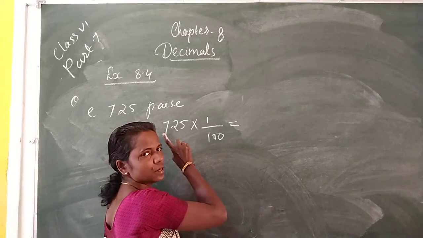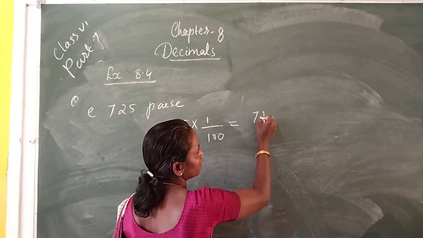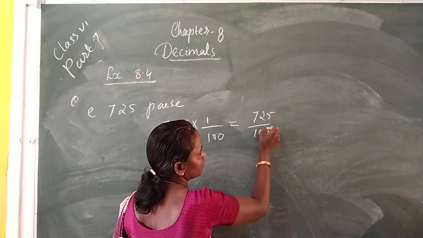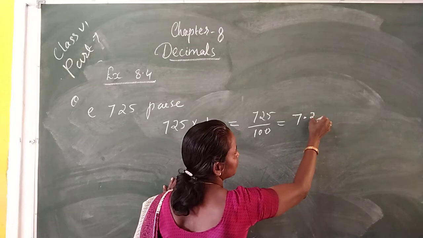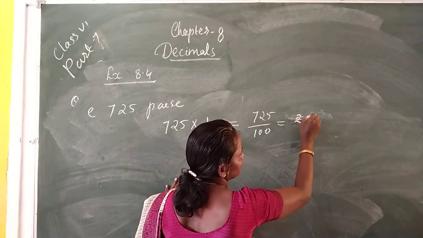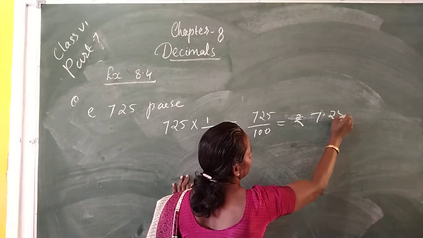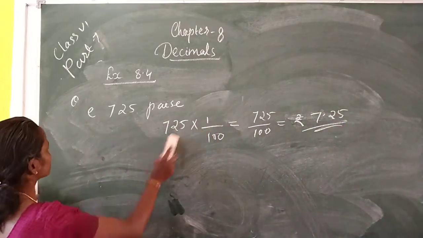Then here 725 paise, so 725 by 100 is equal to 7.25 rupees. 7.25 is clear.